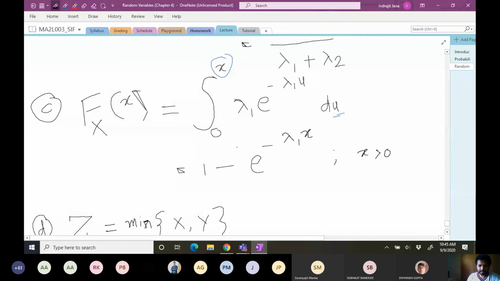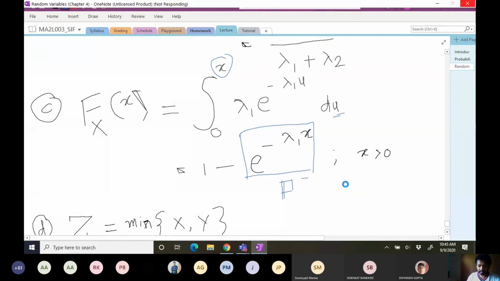The CDF is always the probability that X is less than or equal to x, therefore the probability that X is bigger than x is just 1 minus that, which is this part only.